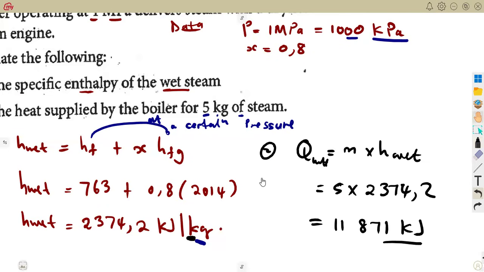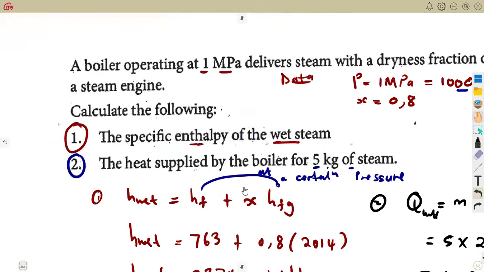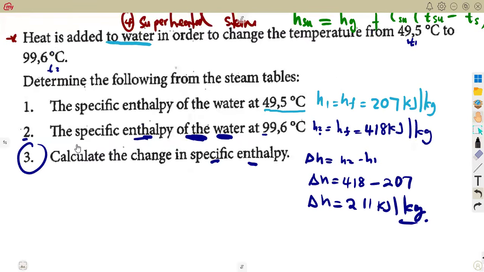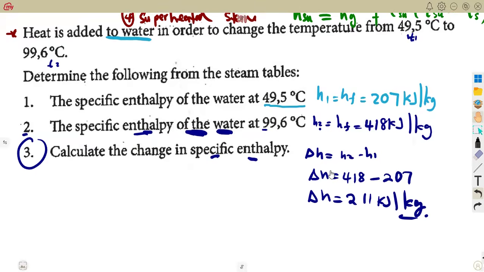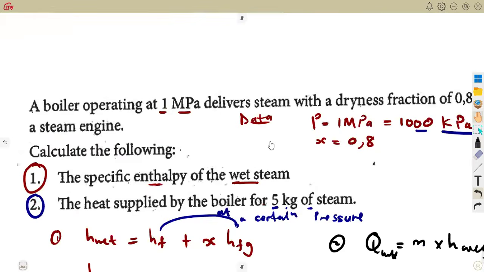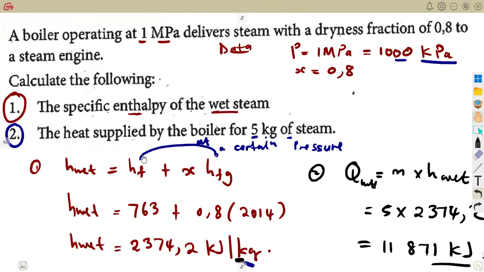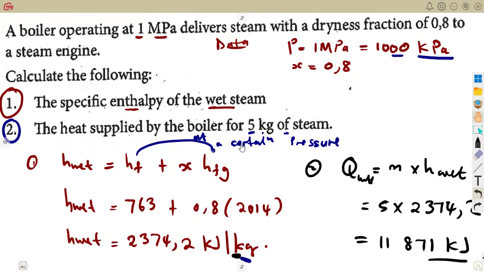This is the heat. So even in each case, even if you're given the mass here, they can ask you to calculate that heat. Mass times the specific heat capacity that you're given there. I mean, the specific enthalpy that you're given there. You have the heat supplied in kilojoules.